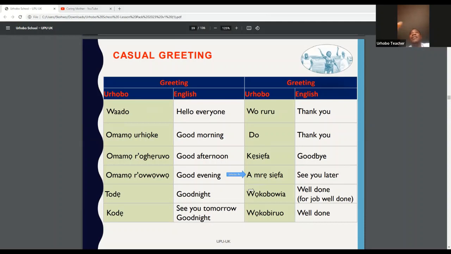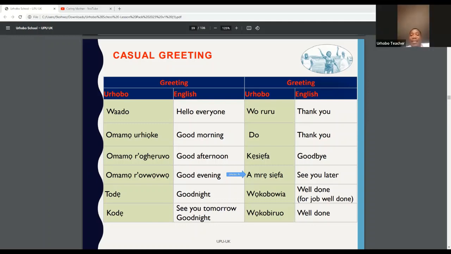Amre siefa means we will see later. Bara worry, see you later. Akamre siefa, we'll see you later. So it's the same thing. Any of them, they have the same meaning. That is what they have here. Okay, noted. Thanks.